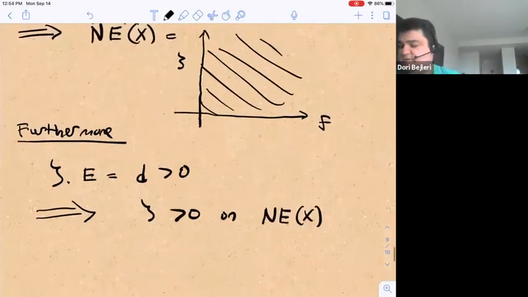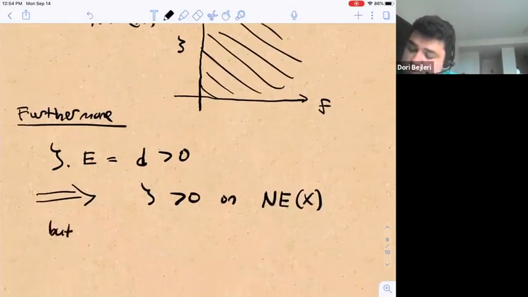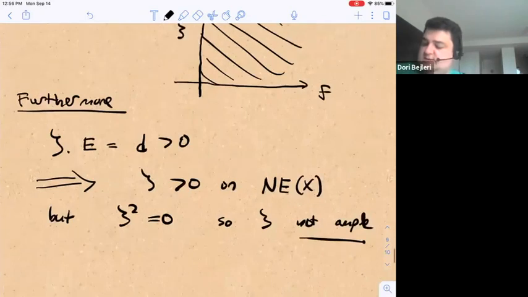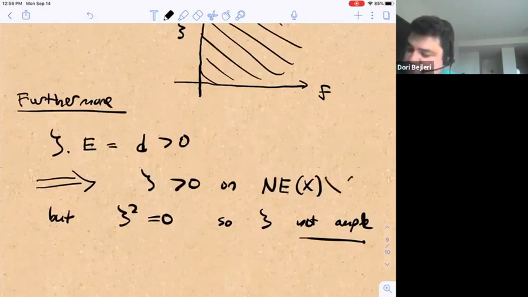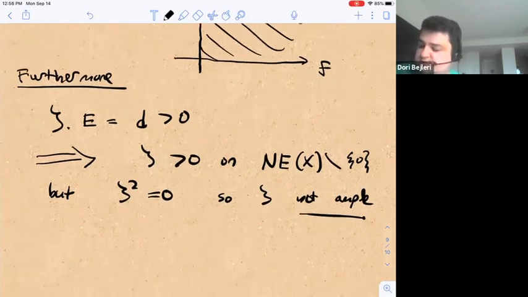This gives an example of a divisor that intersects strictly positively on NE(X), because if E is effective, then it has a strictly positive D coefficient. But psi squared is 0, so psi is not ample. It's strictly positive on the effective cone minus 0, on any non-zero effective curve, but it's not ample because psi squared is actually just 0.